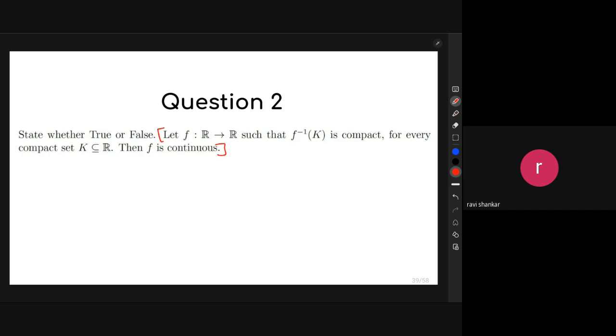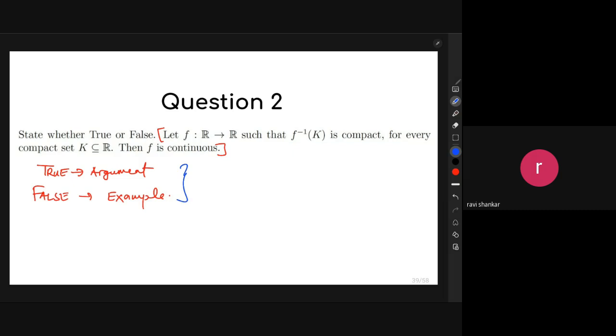Function is a continuous thing, but a set can't be continuous. So again, if you think that the answer is true, you need to give me an argument, and if you think it is false, you need to come up with an example.